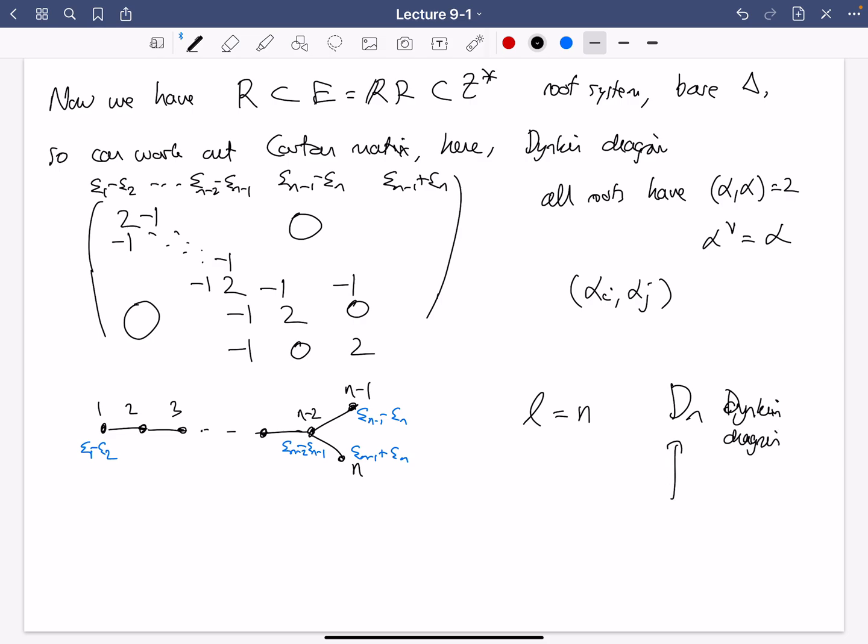So Dn is SO2n of C. And let me see, what you want, if n is greater than or equal to 3, it's connected. So by the lemma, SO6, SO8, and so on, those are simple Lie algebras.